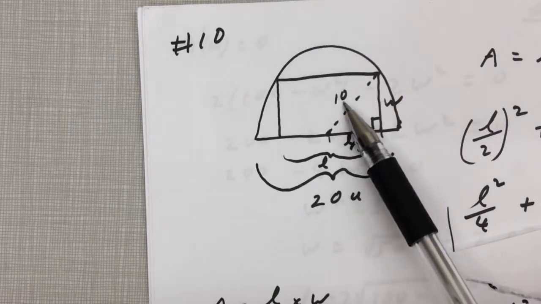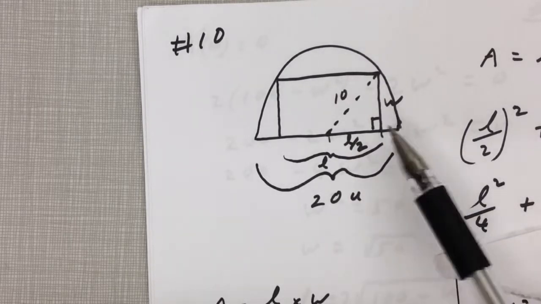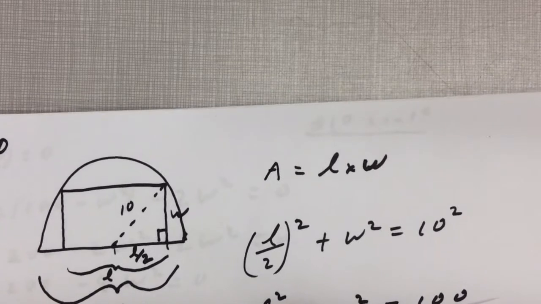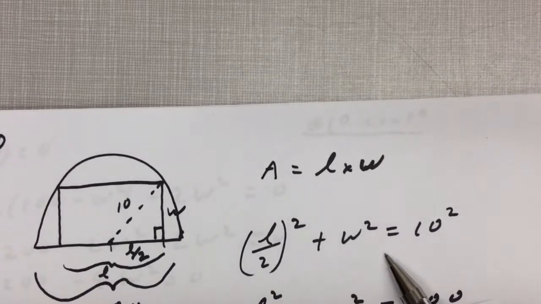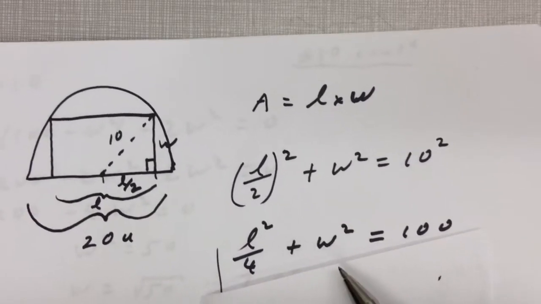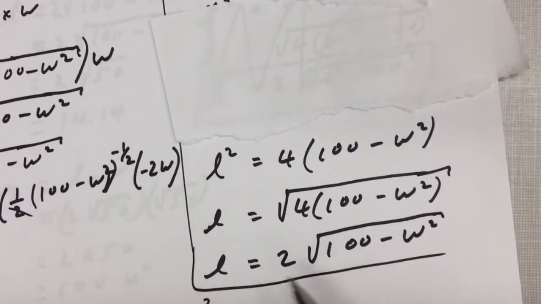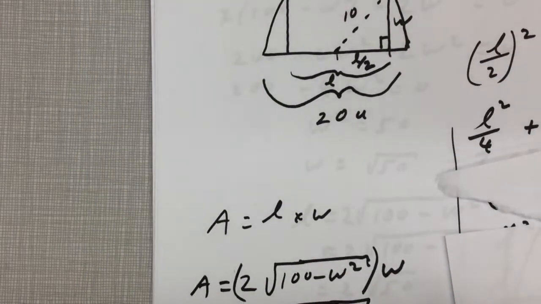So 10 squared equals L over 2 squared plus W squared. That's our constraint right there. From that, we get L squared over 4 plus W squared equals 100. And we can keep working that down until we get a formula for L, which is 2 times root of 100 minus W squared.